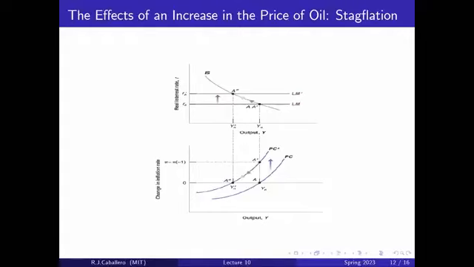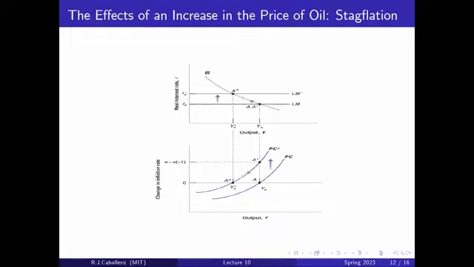It was your medium run equilibrium, but now the price of energy goes up a lot, and you expect that to last for a while. That means the Phillips curve moves up. So that means that with output at this level, now you have a problem, because you start getting inflation out of this. This level of output is too high relative to the new natural level of output, so you have a positive output gap.